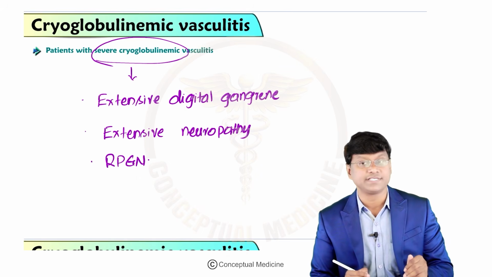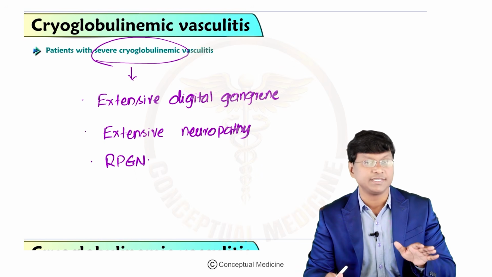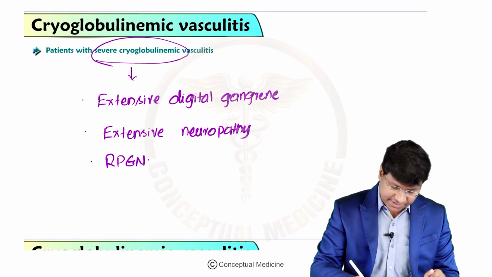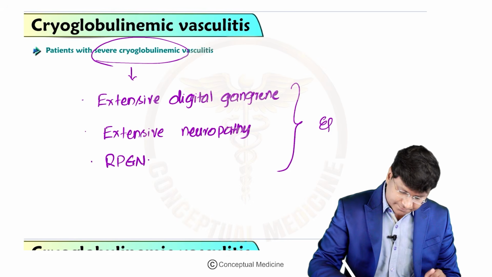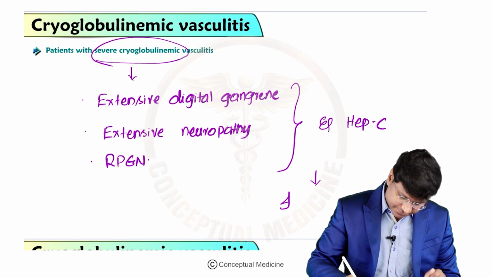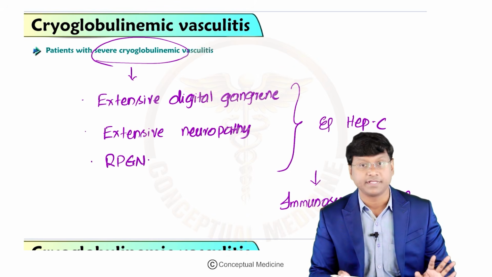So patients with severe cryoglobulinemic vasculitis and hepatitis C should receive immunosuppressive therapy.